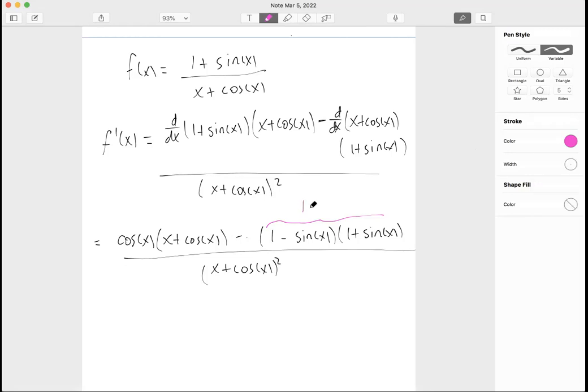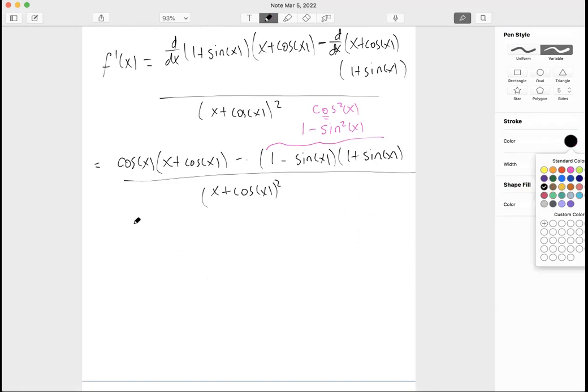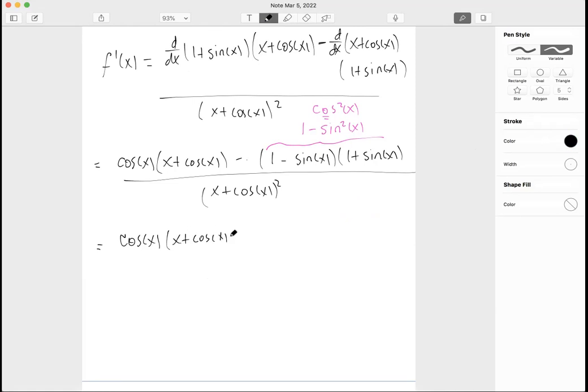So if you were to expand this out, you get 1 minus sine squared, which we know is cosine squared. So that could help. This is cosine x plus cosine, and we have a minus cosine squared.